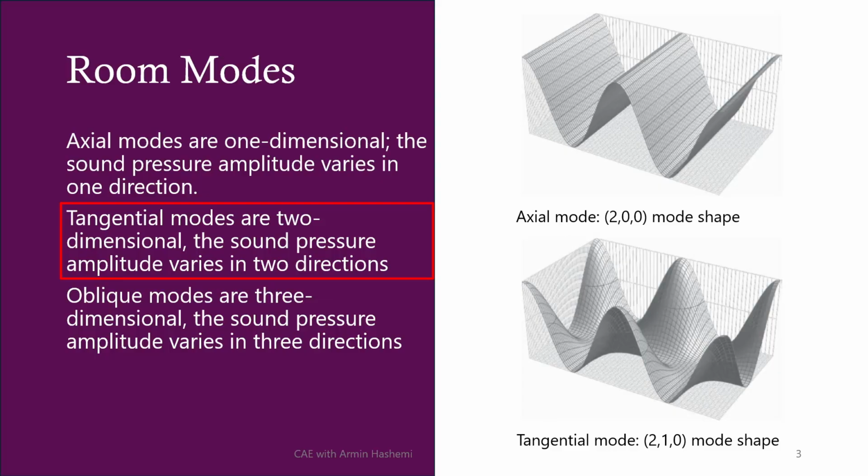These are two-dimensional modes where the sound pressure varies along two directions at the same time, involving four room surfaces. Finally, oblique modes. These are three-dimensional modes where the sound pressure varies in all three directions, and reflections occur from all six room surfaces.